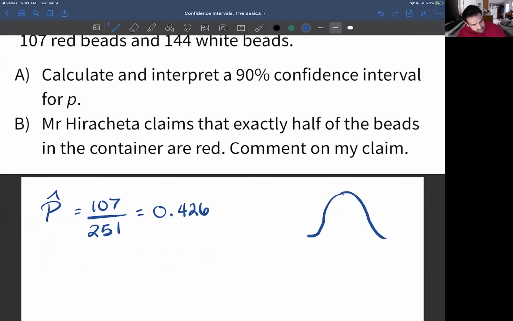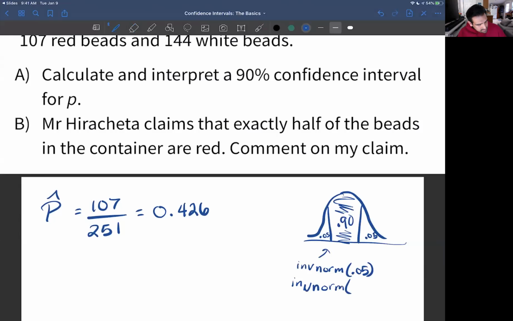If I have a normal distribution with a center 90%, that leaves me with 10% left over to evenly distribute on either tail, telling me that I need the inverse norm of 5%, or I can do the inverse norm of 95%.